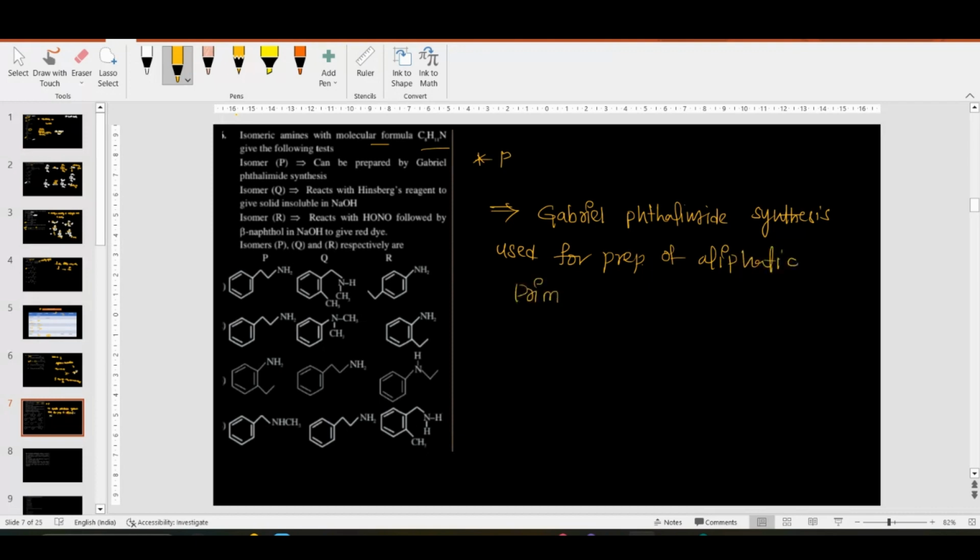We can't prepare aromatic primary amines and also tertiary amines. We will use this Gabriel phthalimide synthesis for preparing aliphatic primary amines only.